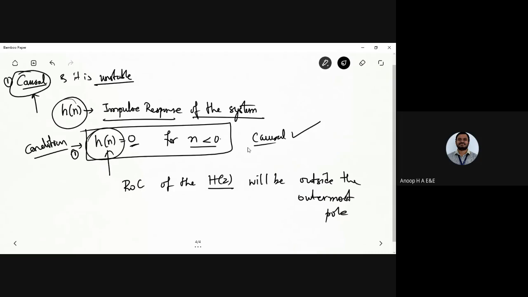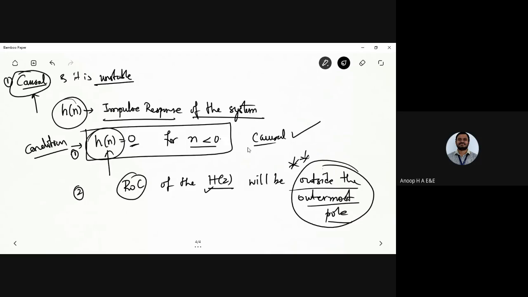Second one, it is the region of convergence of H of z, which will be outside the outermost pole. So I can look for this one when I talk about the z transform of the given system, that is h of n.